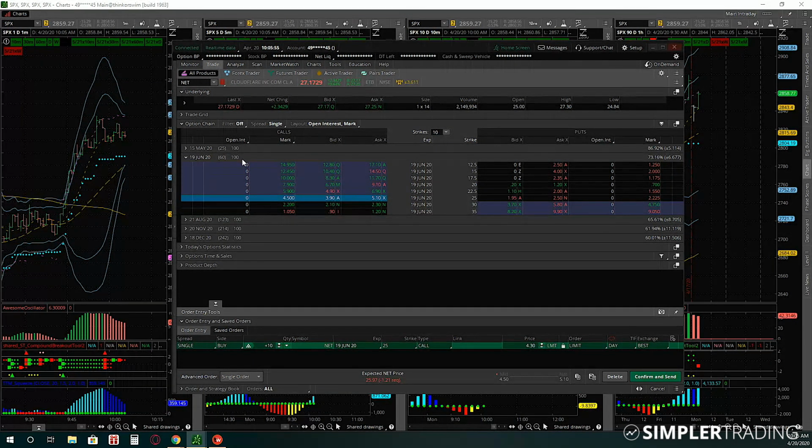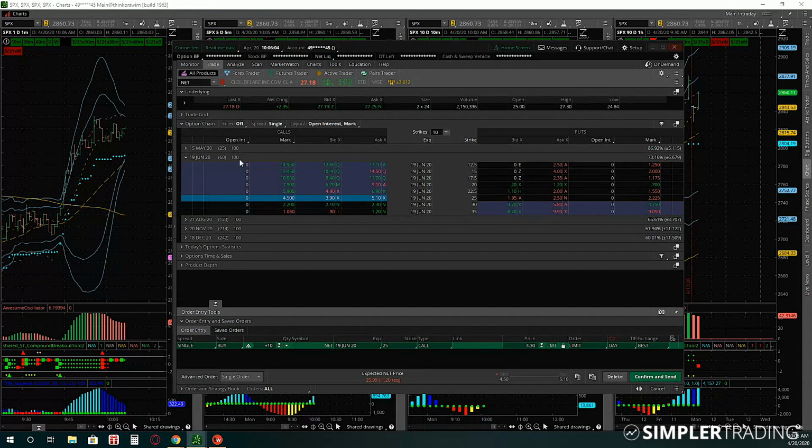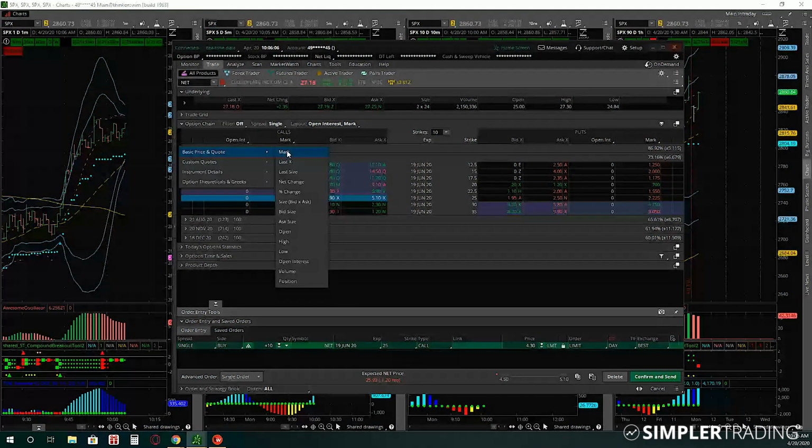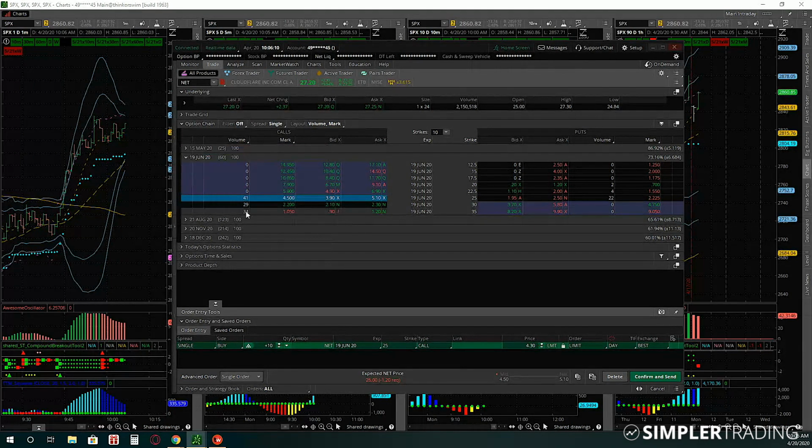And open interest and volume, yeah, those to me are in the same book. So open interest is how many contracts are currently out there in general, right, that people are holding. Volume is how many are opened and closed, right, how many are actually traded within that time.